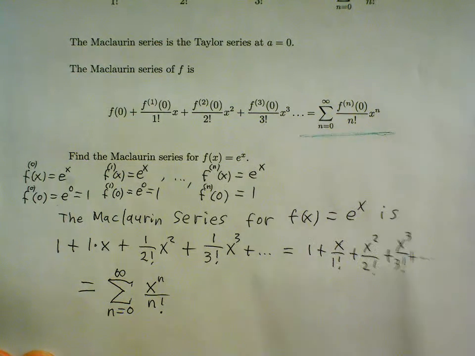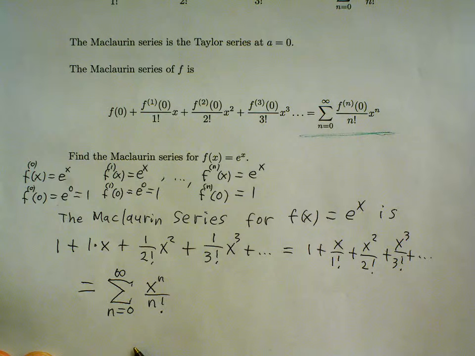I remember the statement earlier that not every function is equal to its Taylor series. So we can't say yet that this is what e to the x is equal to. We have to look at some other stuff first.